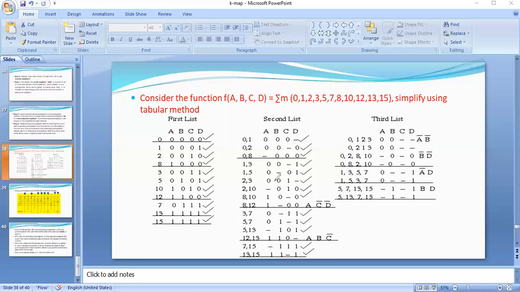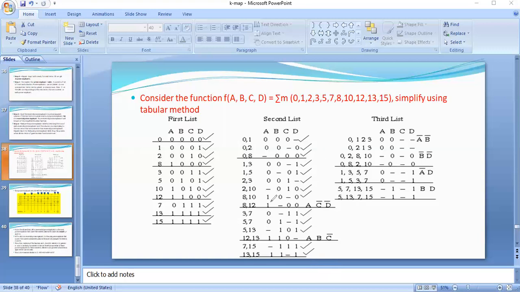No. 0, 1 and 1, 5 compared? No. 0, 1 and 2, 3 compared? Yes. Why? Because 3 bit positions are the same and only 1 bit position is changed. At that changed position you have to keep a dash. So 0, 1, 2, 3. Like that you again compare and place a tick mark.